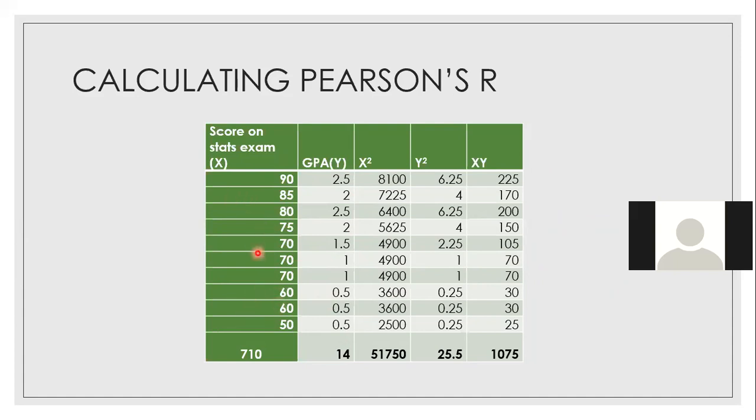Similarly, we use the score on the statistics exam as the independent variable. We make a lot of assumptions when doing research, but we're going to presume that a student's GPA depends on how well they do in a course like statistics, because generally your GPA depends on how well you do in every subject.